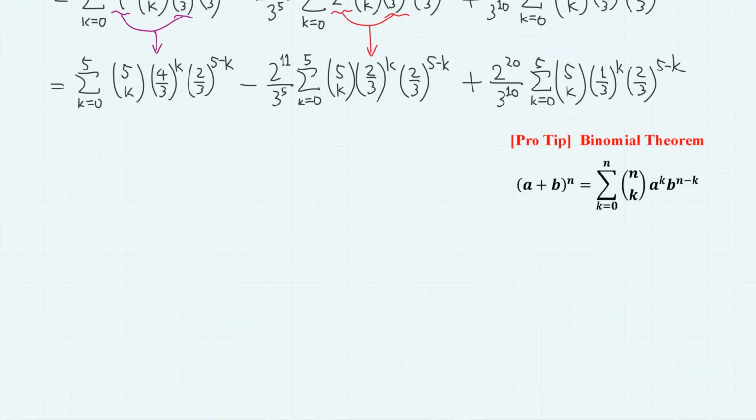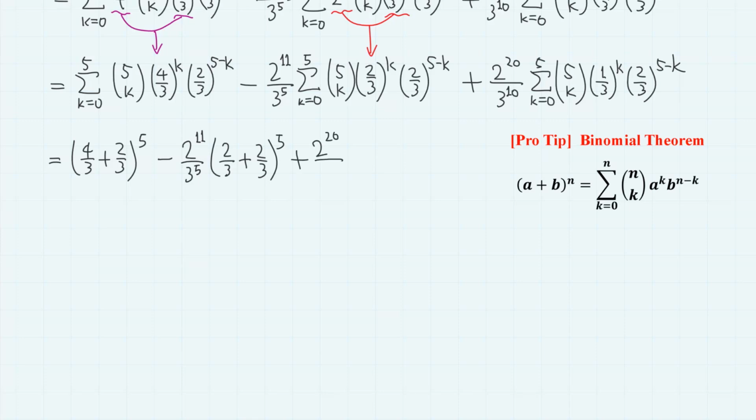So applying the binomial theorem again, the first part is 4/3 plus 2/3 to the power of 5, and the second part is minus 2 to the power of 11 divided by 3 to the power of 5 times 2/3 plus 2/3 raised to the power of 5, and the third part is 2 to the power of 20 divided by 3 to the power of 10 times 1/3 plus 2/3 to the power of 5.